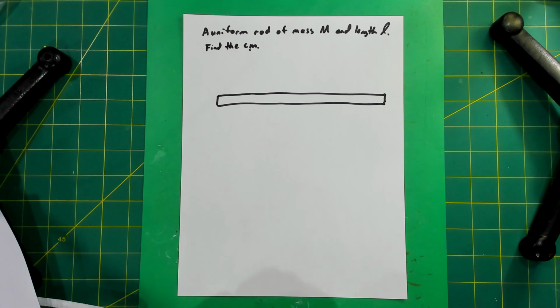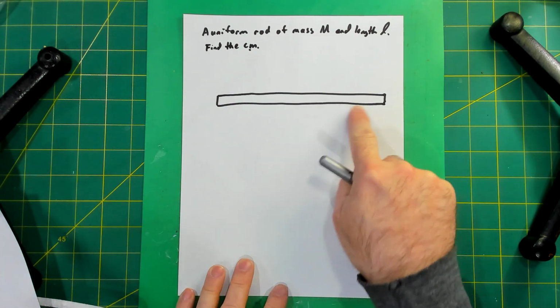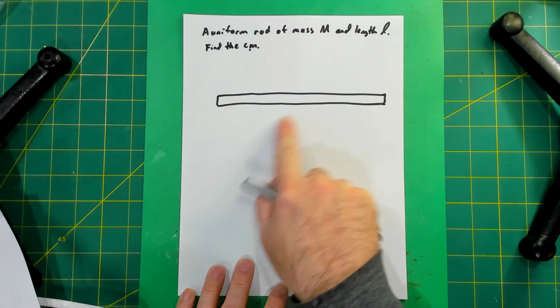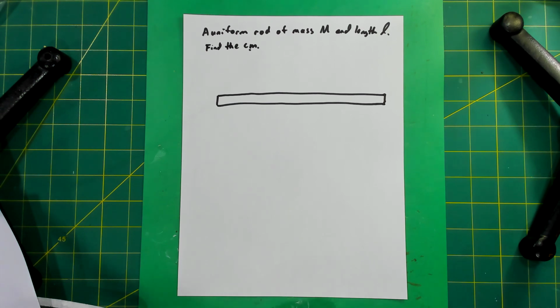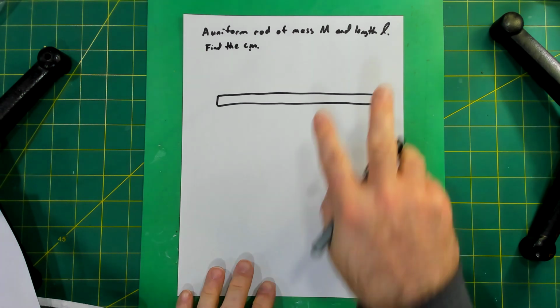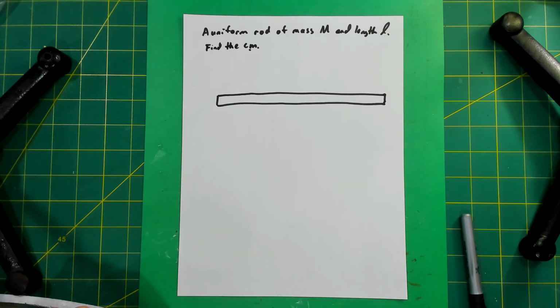Okay, and so you say, well, I don't have a bunch of separate discrete particles that I can add up the positions of. I'm going to take this and split it up into an infinite number of little bits and use the integral form.